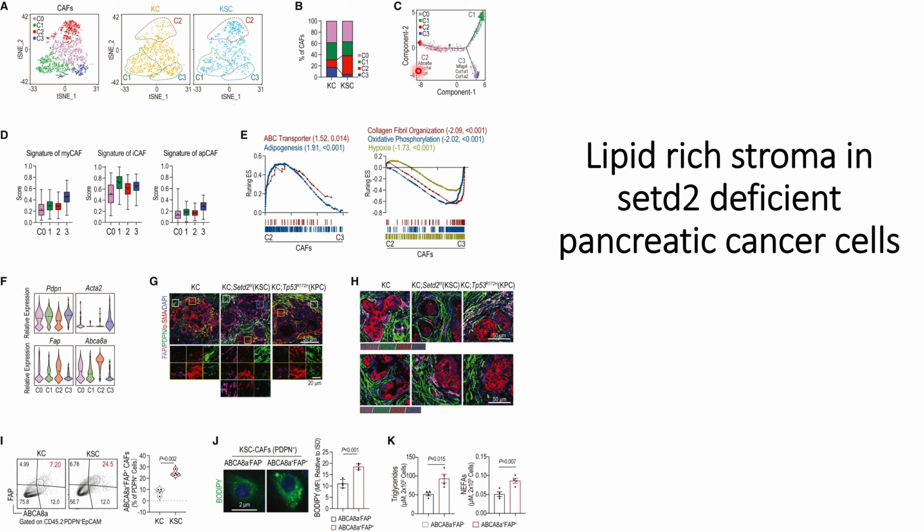Thereafter they checked the FAP plus and ABCA8A plus cells, as we know that the C2 cluster has upregulation of ABCA8A and also FAP. Considering these two markers, they checked their populations in KC and KSC tumors and found that KSC has more FAP plus and ABCA8A plus populations. This is quantified on the right-hand side of panel I, where we can see that these ABCA8A plus FAP plus clusters of cancer-associated fibroblasts are higher in KSC.